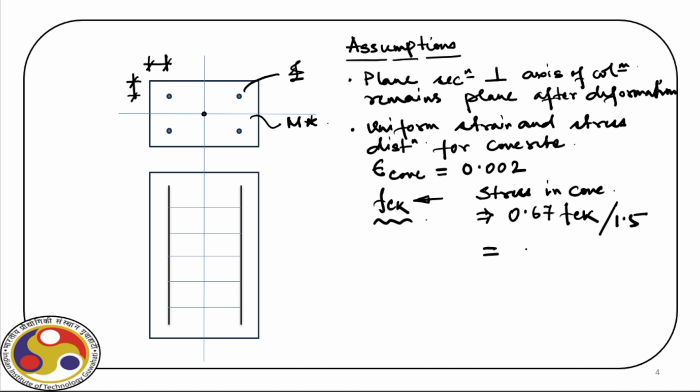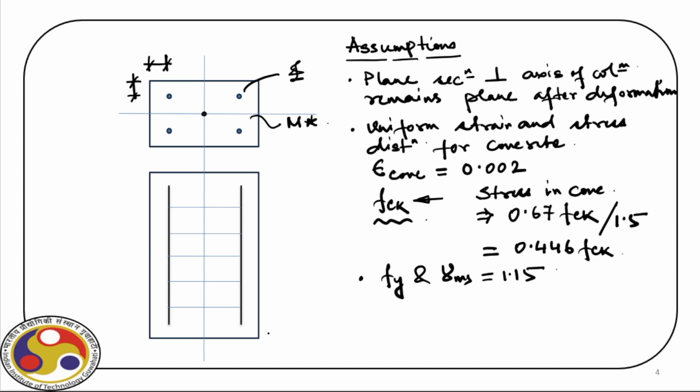So ultimately we will get 0.446 fck. So that is for concrete. Now for steel, we have fy as the yield stress, and the material factor gamma for steel is 1.15.